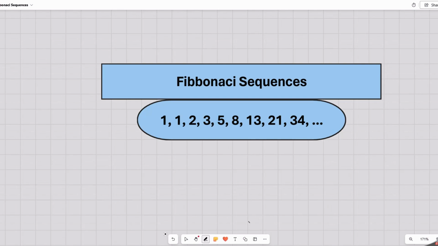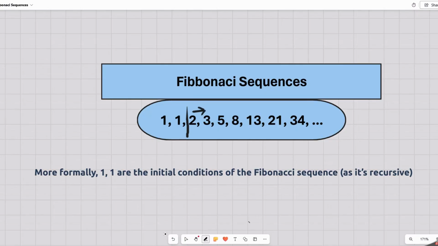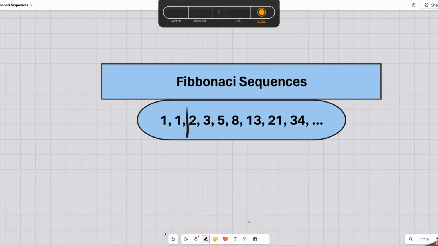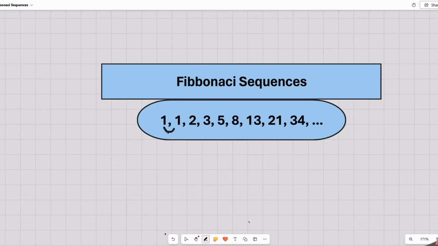So Fibonacci sequence, as you can see here, the pattern really starts from this third term and onwards. These first two terms are just there so that the pattern can work the way it works currently. It's what allows it to function. So the first two terms are 1 and 1. Those can't be derived from any addition of previous two terms or anything. They're just the first terms. So 1 and 1 add up to the next term in our sequence, 2.